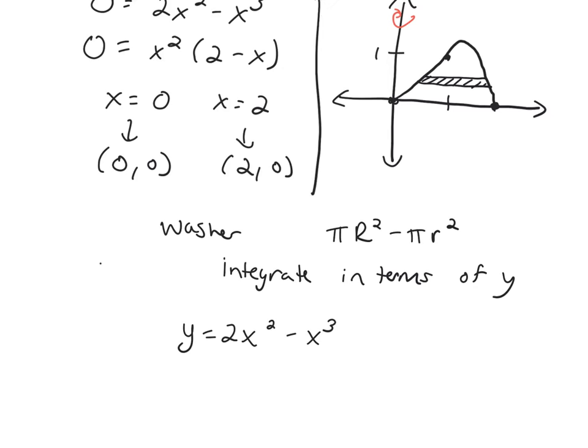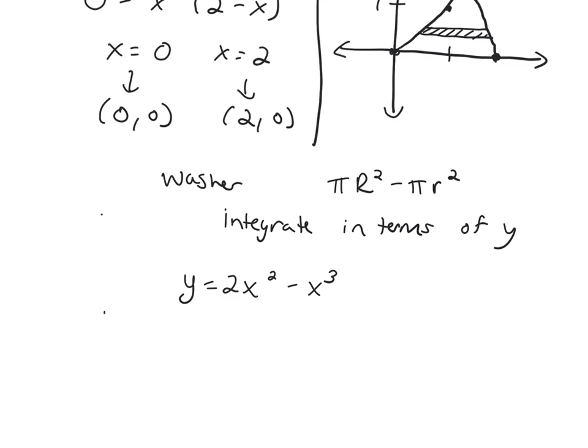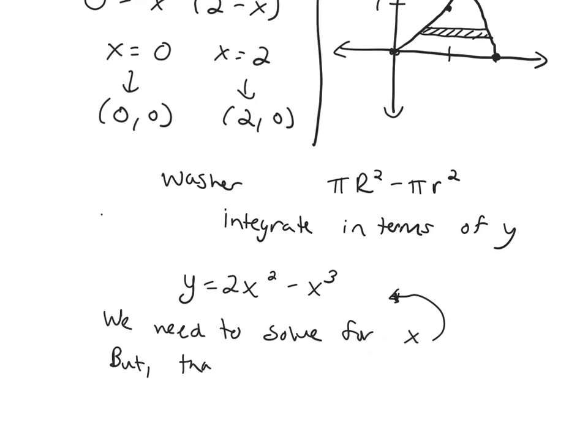Can't really, right? There's not a single x, and we have these powers here, x squared and x cubed. So the problem is we need to solve for x in this equation here, but that is difficult for us to do.